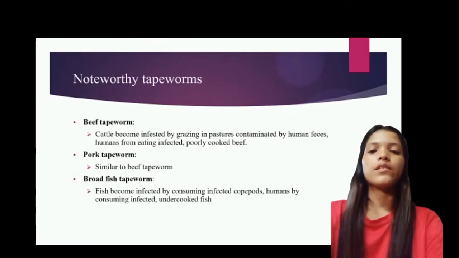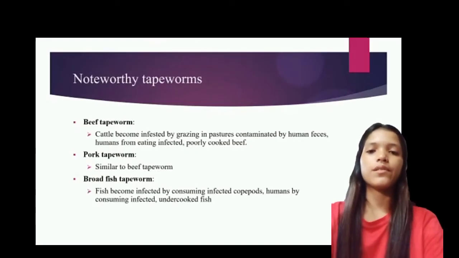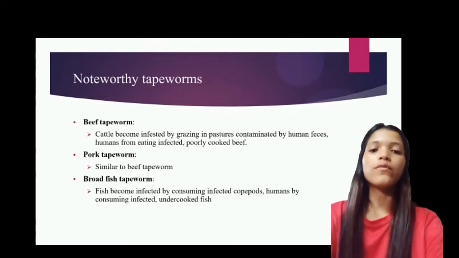Nasty tapeworms. Number 1. Beef tapeworms. Cattle become infested by grazing in pastures contaminated by human feces. Humans get it from eating infected or poorly cooked beef. So when we eat beef that is rare or poorly cooked, we can get beef tapeworm. 2.